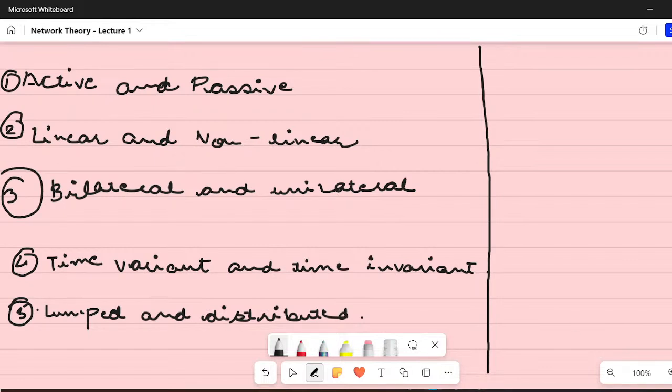I hope you're clear with what are different kinds of sign conventions. Are you? Hmm.